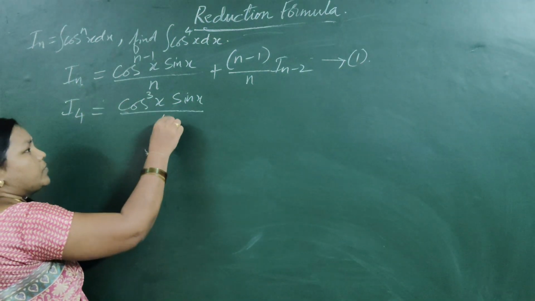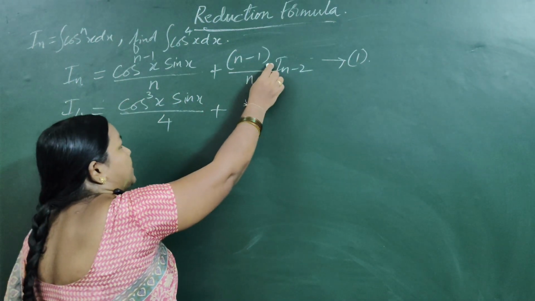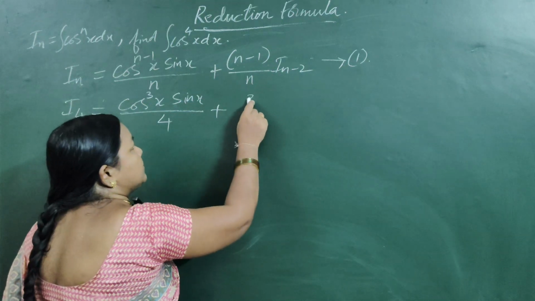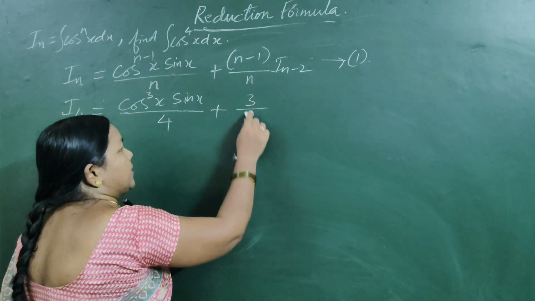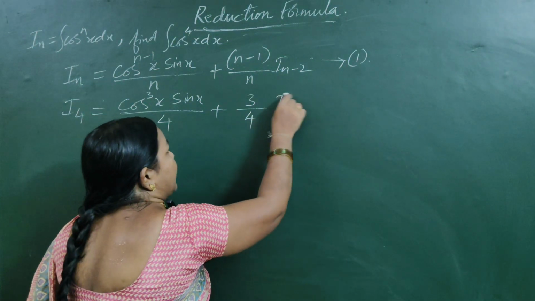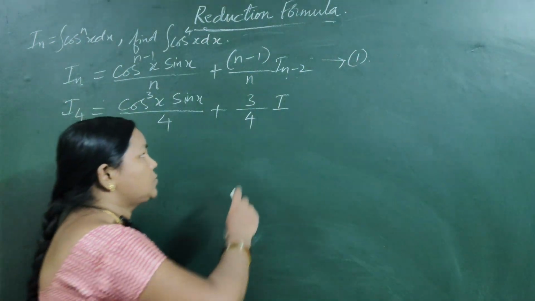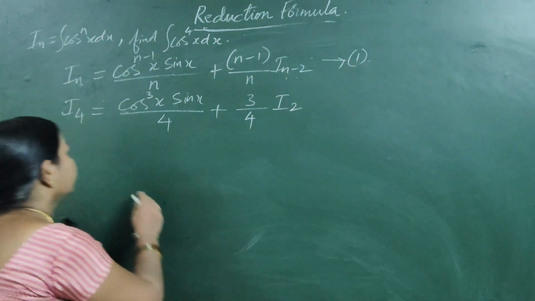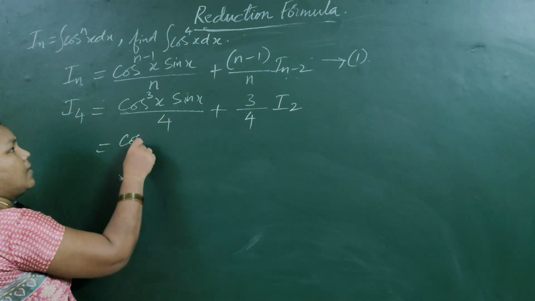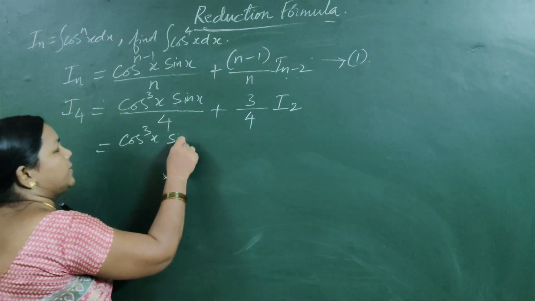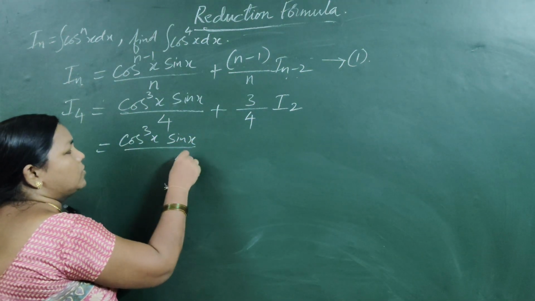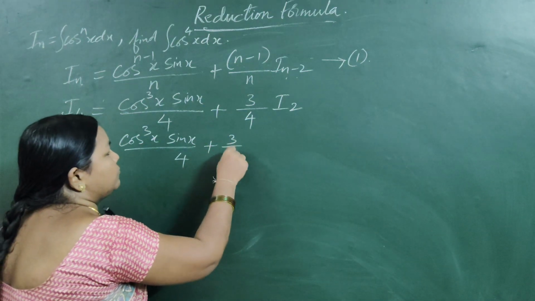N means 4, plus n minus 1, that is 4 minus 1 is 3, divided by n, which is 4, I n minus 2, that is 4 minus 2, which is 2. Next, cos cube x sin x divided by 4 plus 3 by 4 I 2.